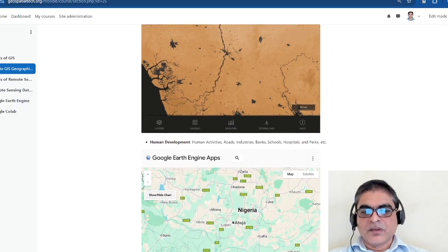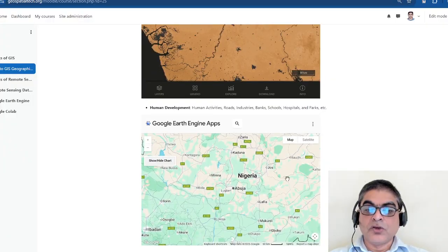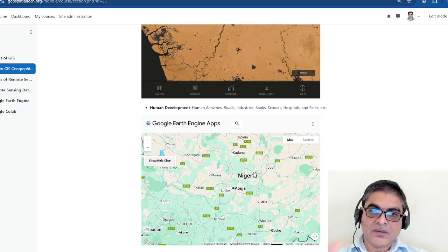Another interesting thing we can do is look at human development, to know where development is going on. At night there is night light data: the bulbs we use, street lights, the lights in villages, towns, and bigger towns.